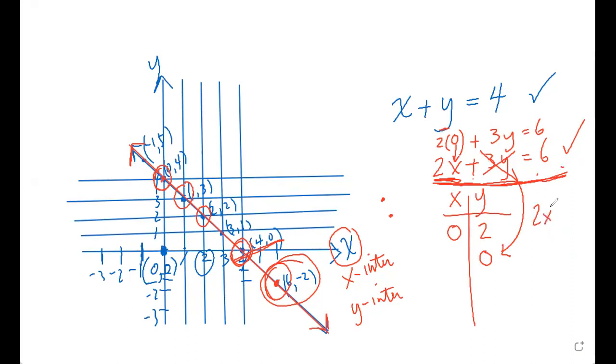That means you just have to find x, so 2x equals 6. You divide by 2 and x equals 3. So now (3, 0) satisfies this equation. And that's really all you need, those 2 points, in order to draw the line.